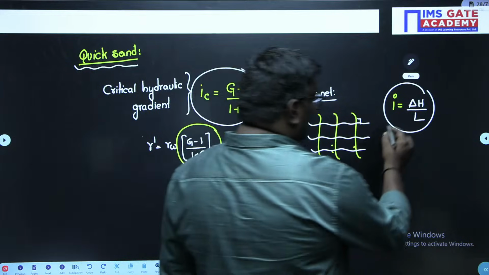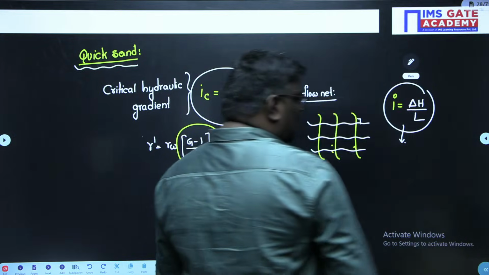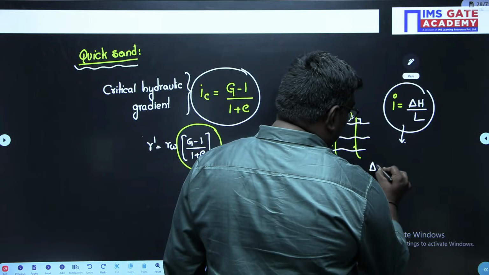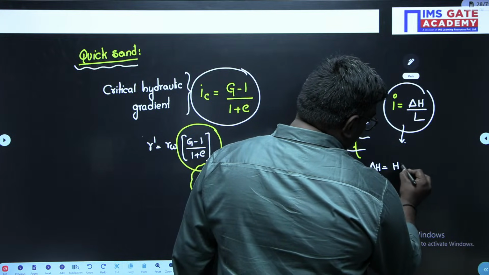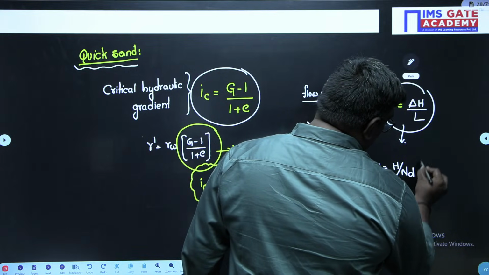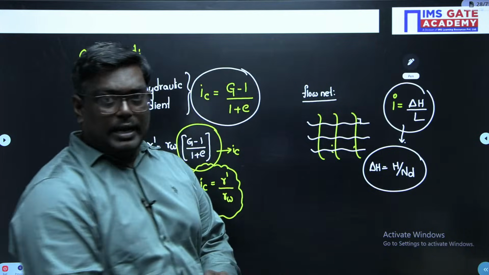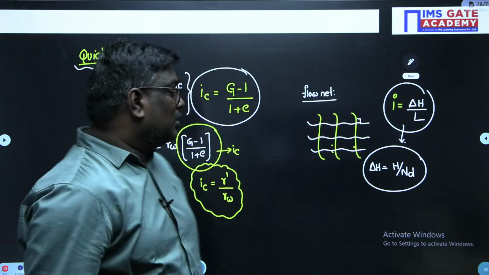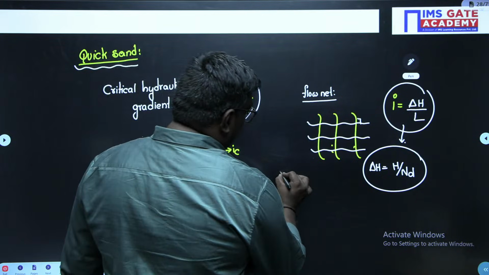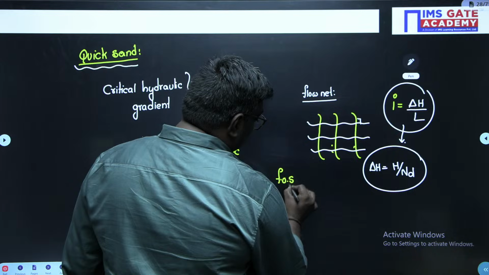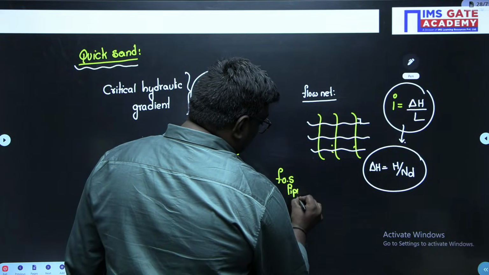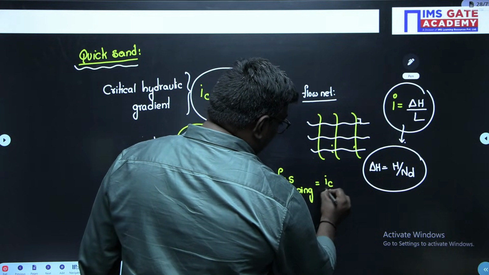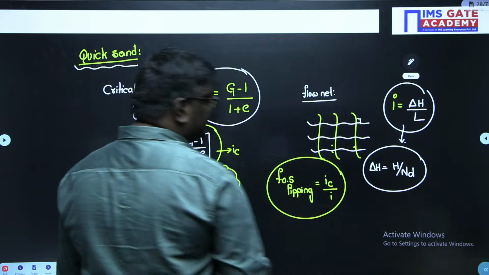If there are Nd potential drops, delta H can also be written as H upon Nd, where capital H represents the total head difference and Nd represents the number of potential drops. Now the factor of safety for piping, or quicksand condition, is given by the formula Ic upon I.